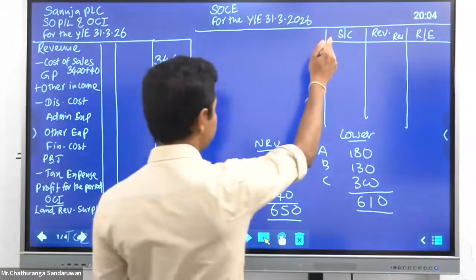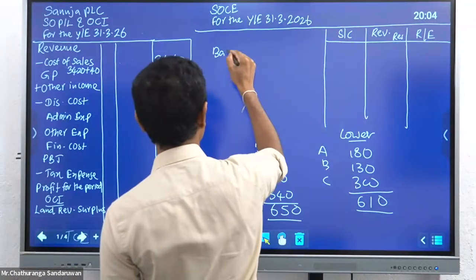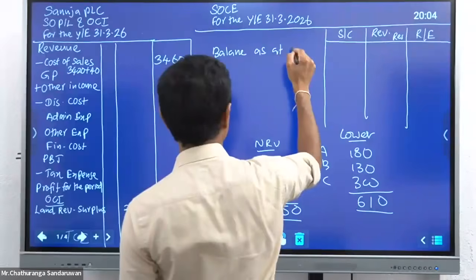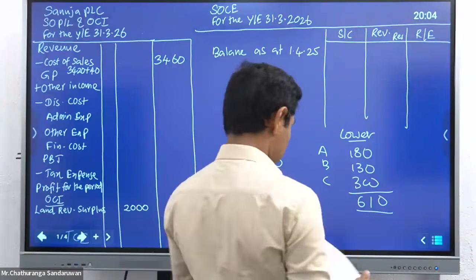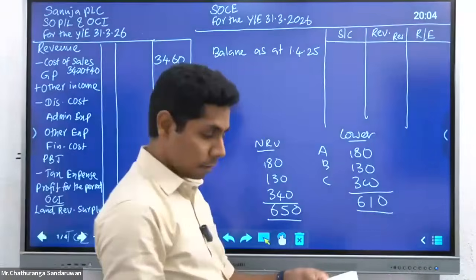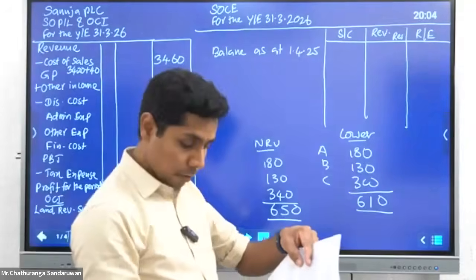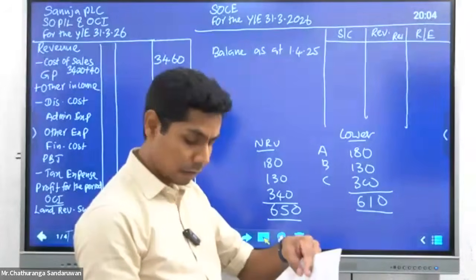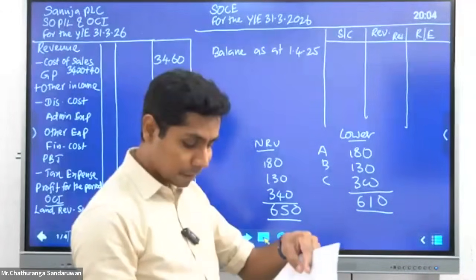So when you take the beginning balances to the statement of changes in equity, balance as at 1st April 25, if you look at the revaluation surplus or the reserve as per the trial balance, you can see land as at 31st March 2026, that happened at the end of the period. So it was not there at the beginning.